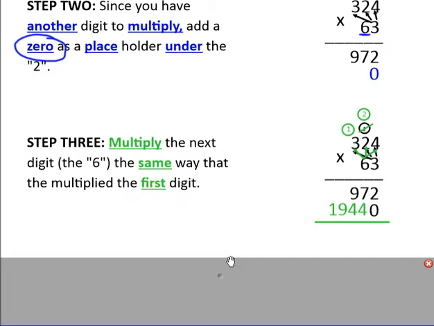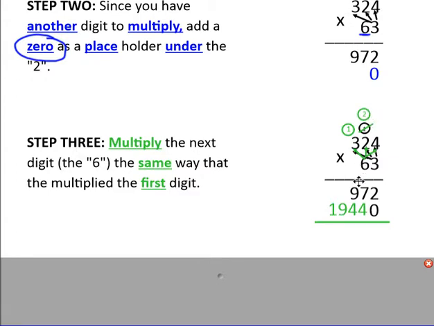So step 3, multiply the next digit, which in this case is the 6, the same way that we multiplied the first digit, okay? So the first digit we had multiplied was the 3. Then we added the 0 as the placeholder. Now we're going to multiply the 6 the same way that we had multiplied the 3. And we're going to just continue the digits down here after the 0 placeholder. So 6 times 4 is 24.